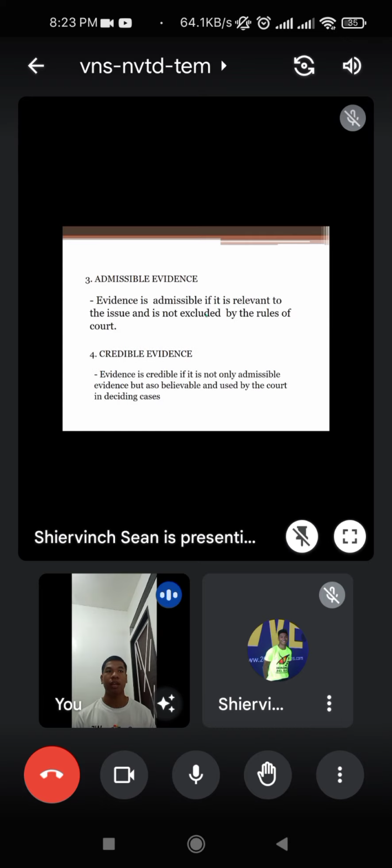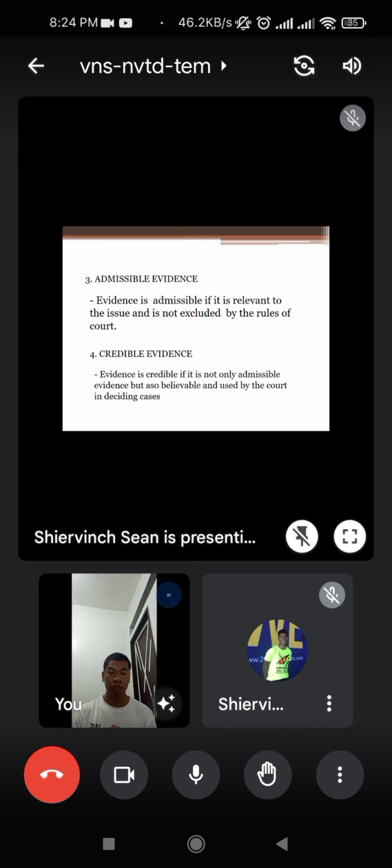Next is admissible evidence. Evidence is admissible if it is relevant to the issue and is not excluded by the rules of court. In short, it is connected to the issue or the crime and is not excluded by the rules of court. Next is credible evidence. Evidence is credible if it is not only admissible but also believable and used by the court in deciding cases.